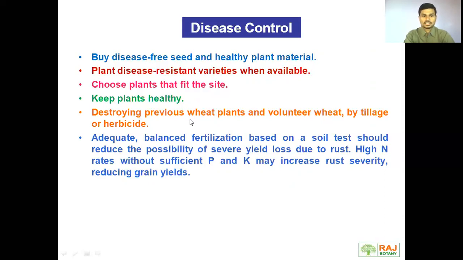That is why complete destruction of the previous wheat plants is recommended. Then adequate balanced fertilization based on soil tests should reduce the possibility of severe yield loss due to rust. A high nitrogen rate without sufficient phosphorus and potassium may increase rust severity, reducing grain yields.